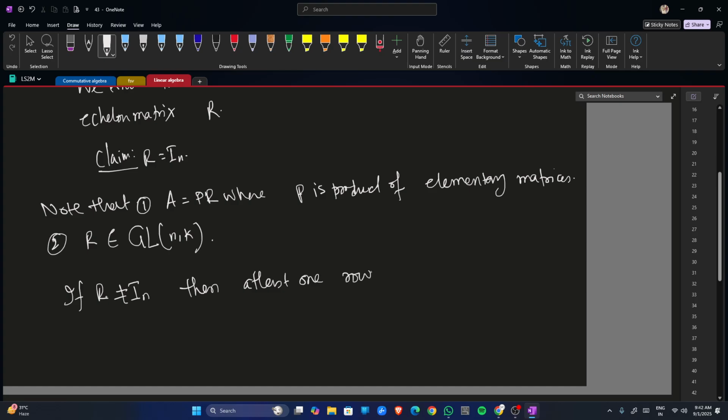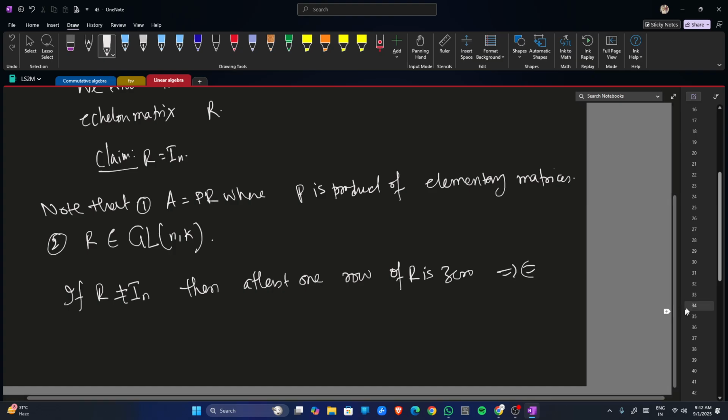And you can say this because both of them are row reduced matrices. Otherwise, you cannot say. Contradiction.